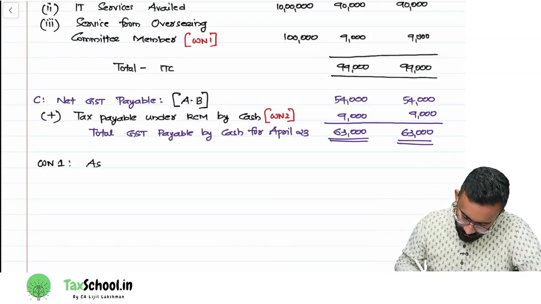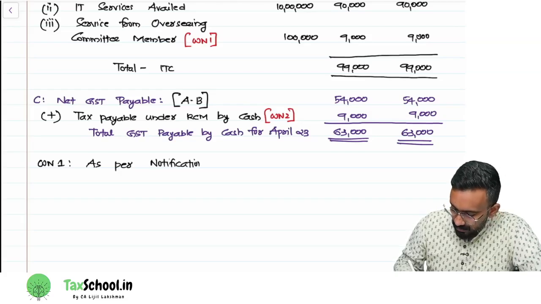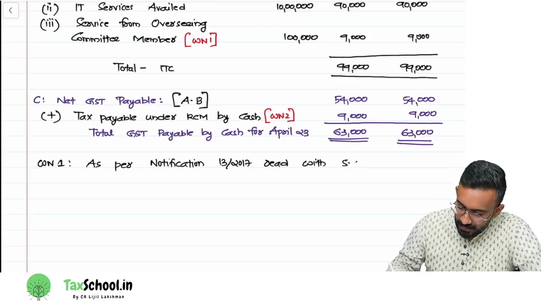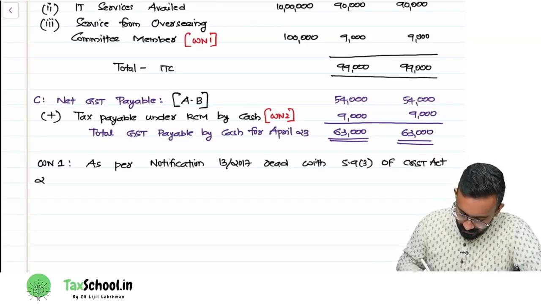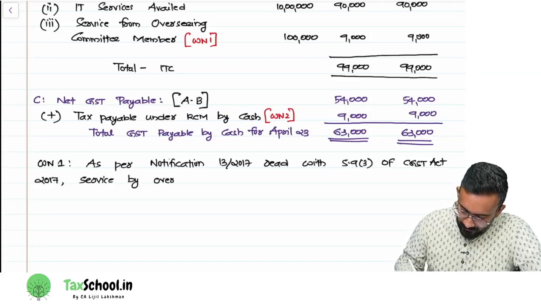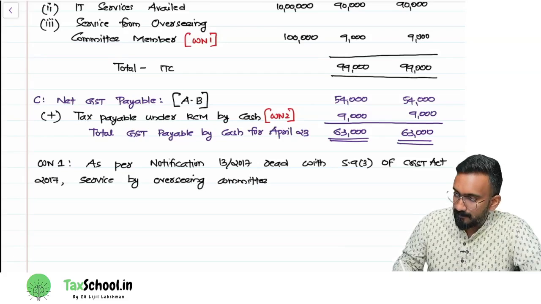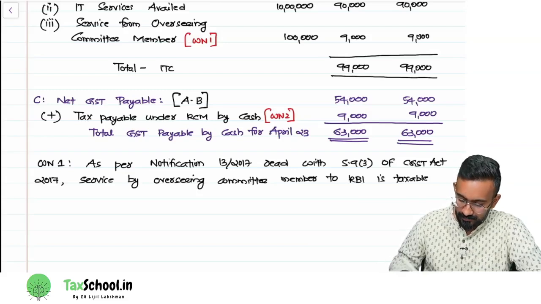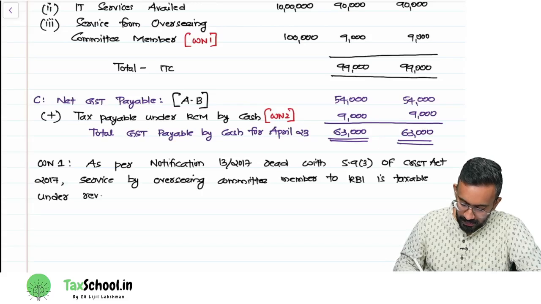As per notification 13/2017, read with section 9 subsection 3 of the GST Act 2017, service by overseeing committee member to RBI is taxable under reverse charge.